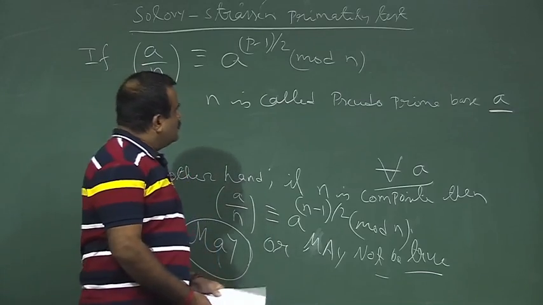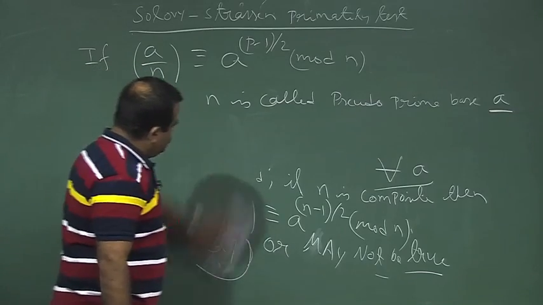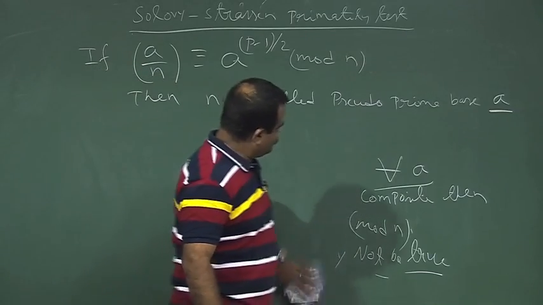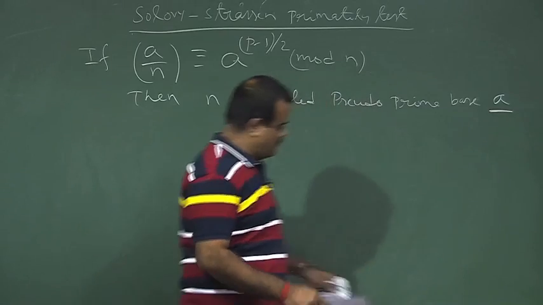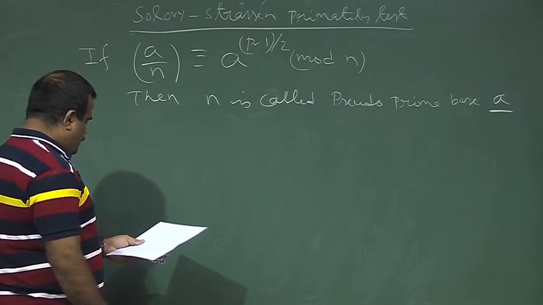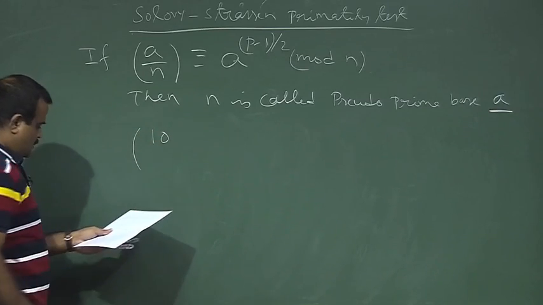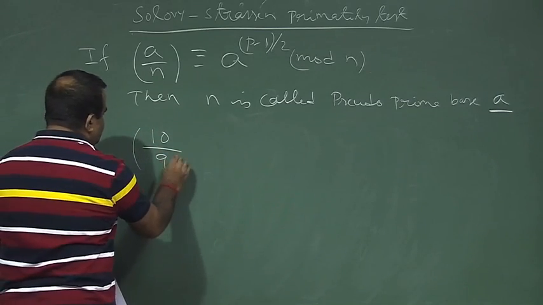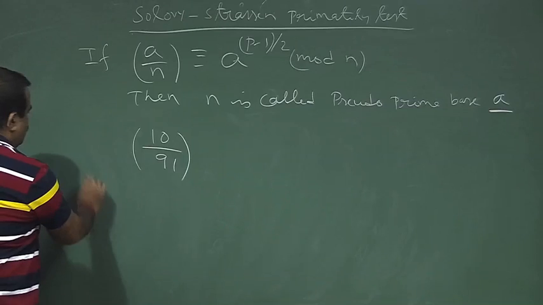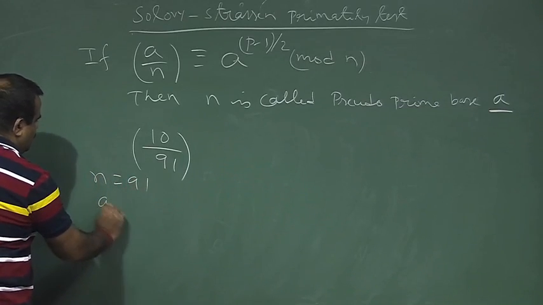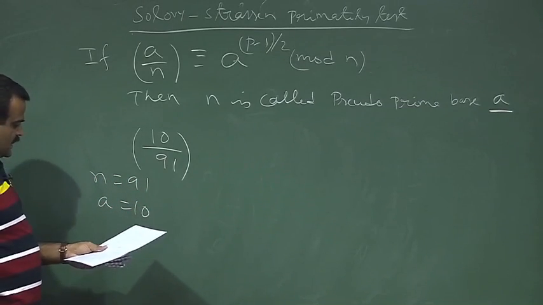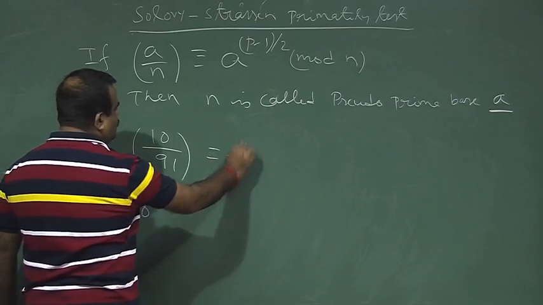Okay. So, for example, if we calculate (10/91), so our n is 91 and a is 10, and we calculate this Jacobi symbol, we can verify this is 1.